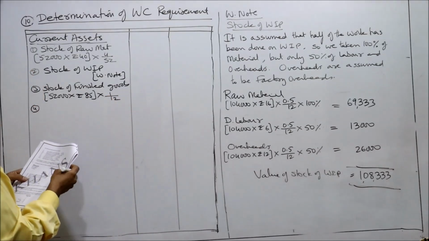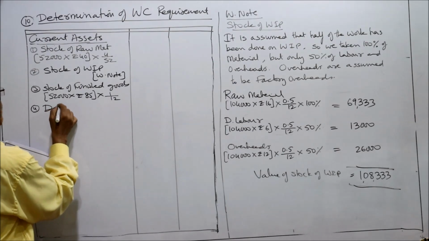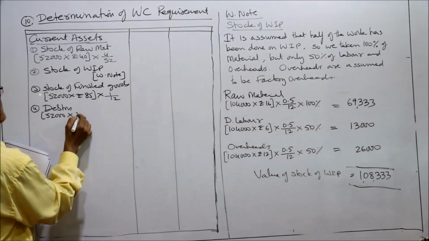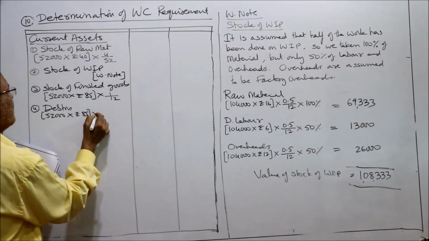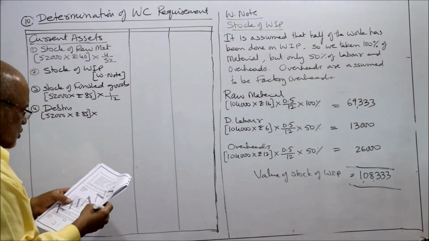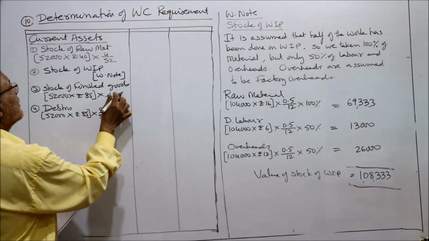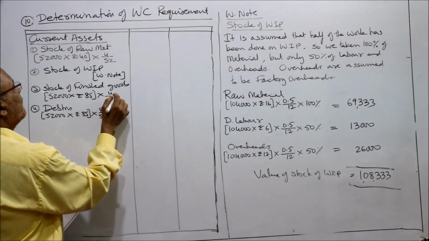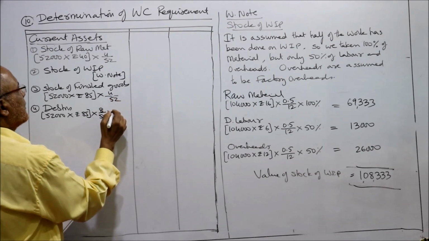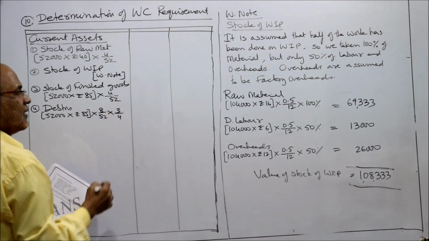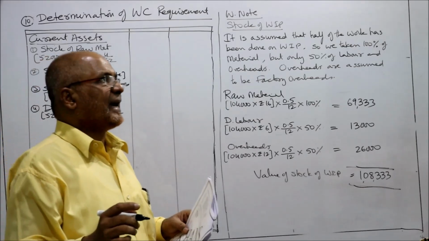1 by 12. Then we take debtors. 52,000 units into rupees 85 into how many months debtors? 2 months. 2 months means 8 by 52. Here it is 1 month, 4 by 52. So 3/4. 1/4 of the goods are sold for cash.